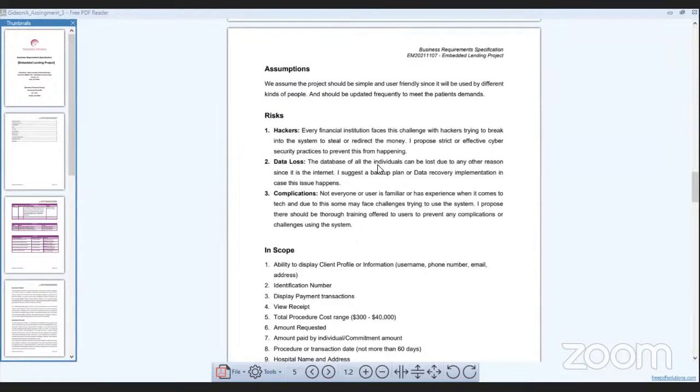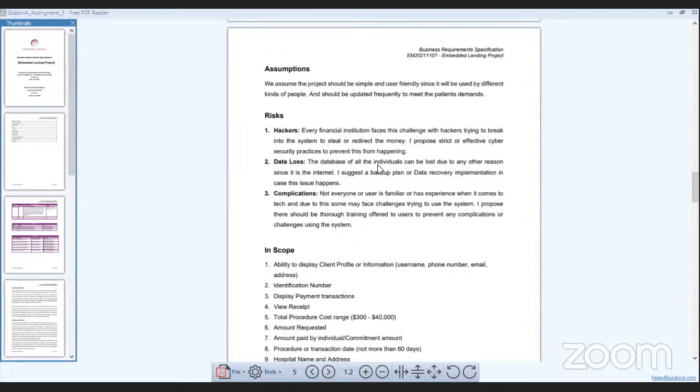Another one is data loss. The database of individuals or patients can be lost due to any other reason since it is the internet. I suggest a backup plan or data recovery implementation in case this issue happens. And complications. Not everyone or user is familiar or has experience when it comes to technology.